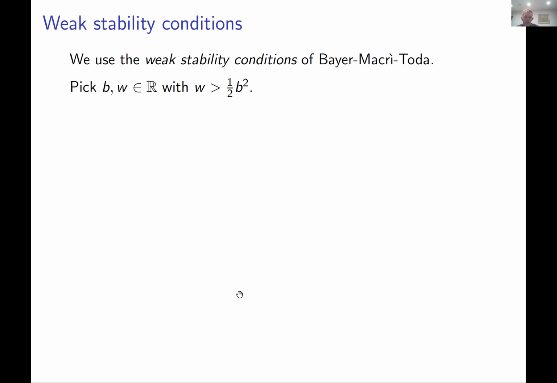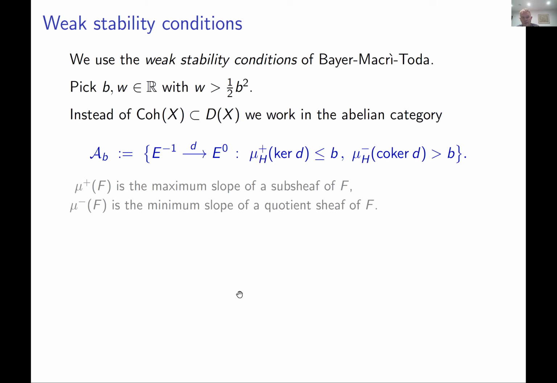Okay, so we're going to use something called weak stability conditions. These are not Douglas pi stability, but they're closely related in various limits. And they're going to depend on two parameters, B and W. Unfortunately, there's this technical thing: we're going to work in a certain Abelian category.